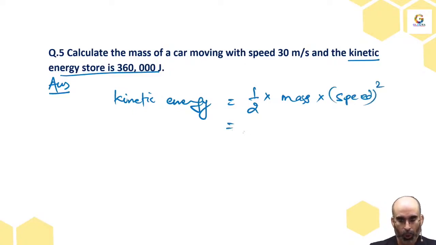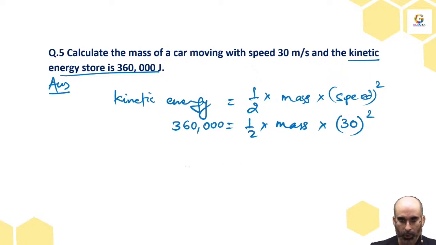So what do we have? We have 360,000 joules of kinetic energy, that is equal to half multiplied by mass, and this multiplied by 30 square, right?